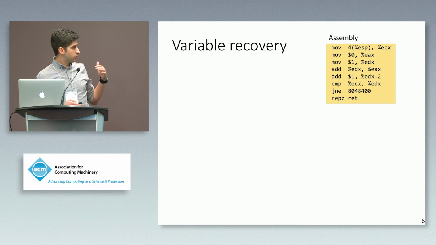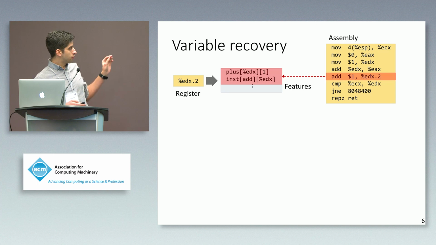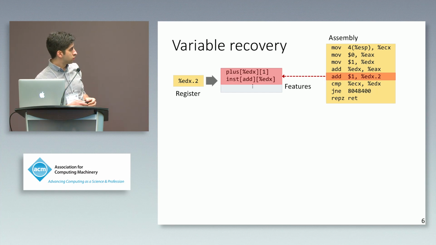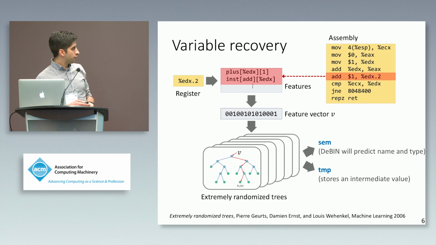Then, at prediction time, for each register, it would first extract the features, again, by looking at the assembly and looking at things like what instructions are used and what dependencies they have. For instance, here, we're incrementing the EDX register. So it would say that we're doing EDX plus 1. We would convert this to a feature vector and then do the prediction using all the decision trees.